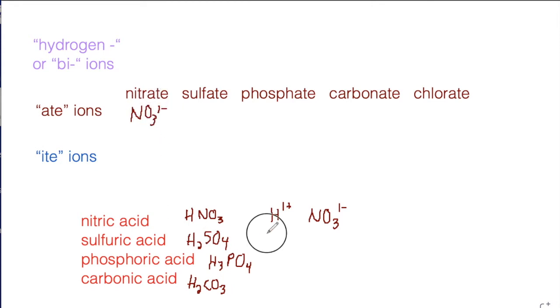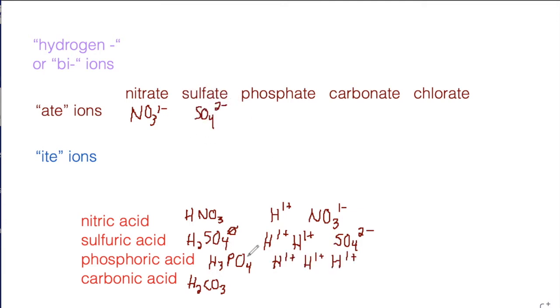Sulfuric acid has 2 positively charged hydrogen ions, and so the SO4 ion must have a negative 2 charge to be able to make sulfuric acid with overall 0 charge. So sulfate is SO4 with a negative 2.